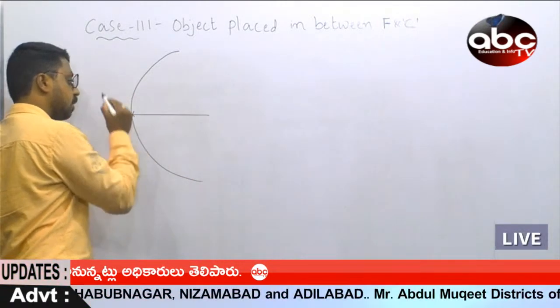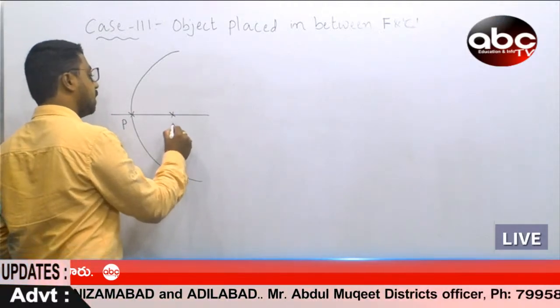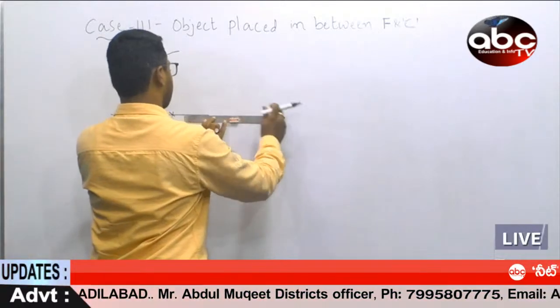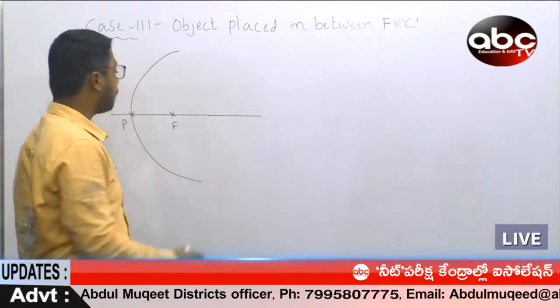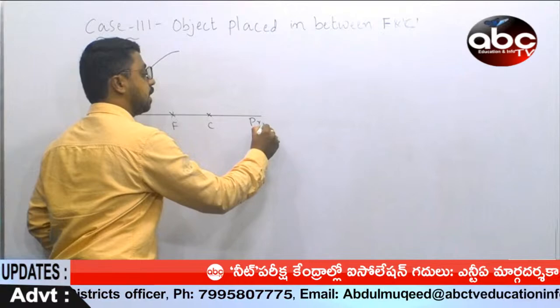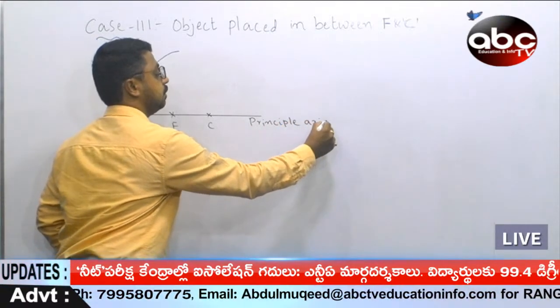This is the pole. While coming to this concept, it is the focus. Let us extend the ray. This is called the principal axis. And of course, the next point we come across is the center of curvature.